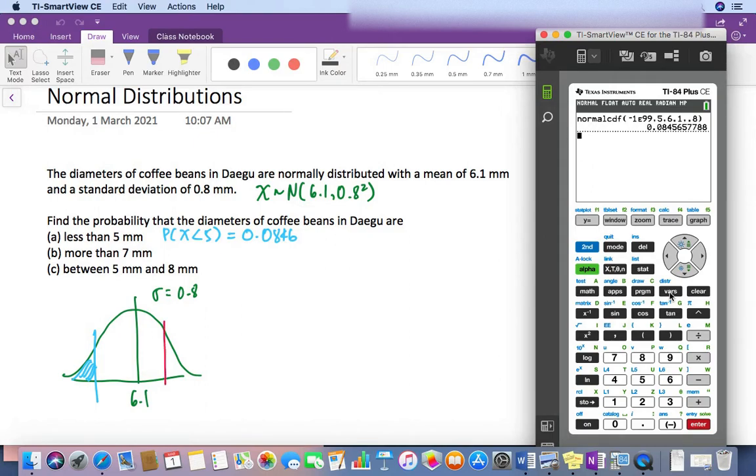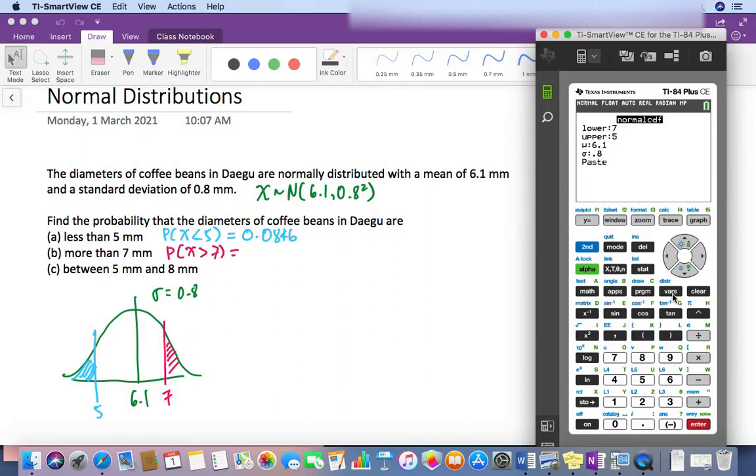Okay, for the second one, if we want the probability more than 7, so around, let's say this is 7. Oops, let's say earlier that was 5. So this is 7. This is the probability that we want. So notation wise, it's P of x greater than 7. And we go back to NormalCDF, and the lower bound will now be set to 7.